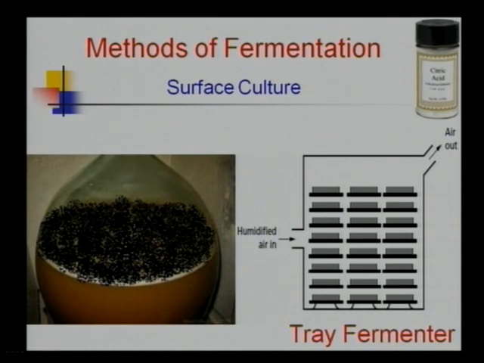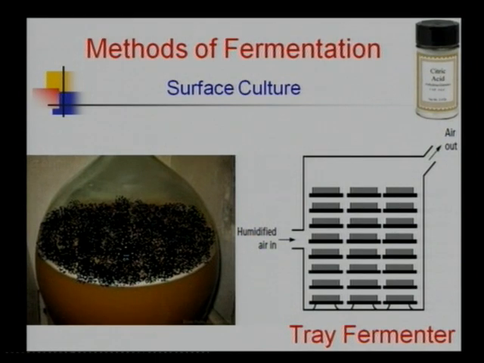As you can see in this slide, tray fermenters are available where you can stack the trays, and humidified air, which is of course sterile, is passed, and the temperature is maintained around 30 degrees centigrade, and the humidity is maintained around 70 percent, and air circulation is carried out, which maintains the temperature, because during the fermentation process temperature will increase, so temperature should be maintained within 25 to 30 degrees centigrade.